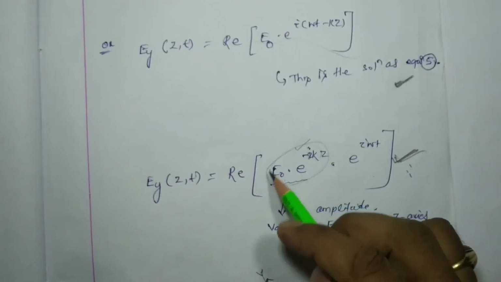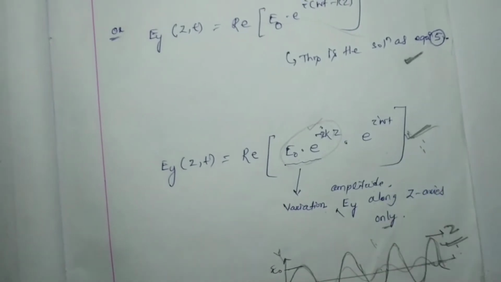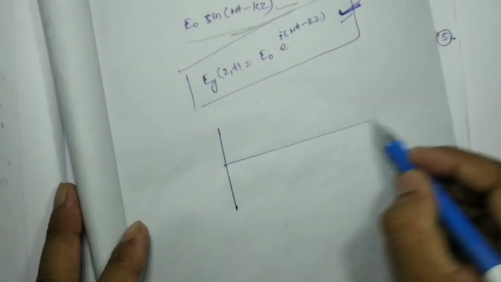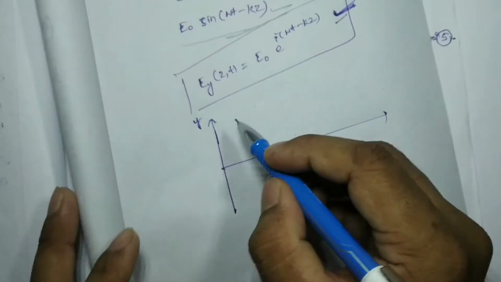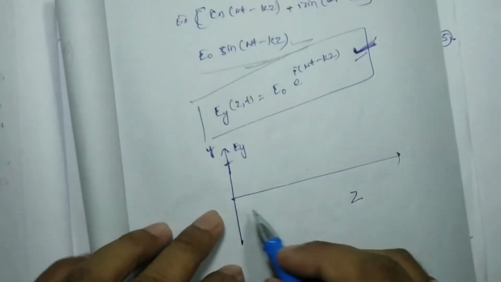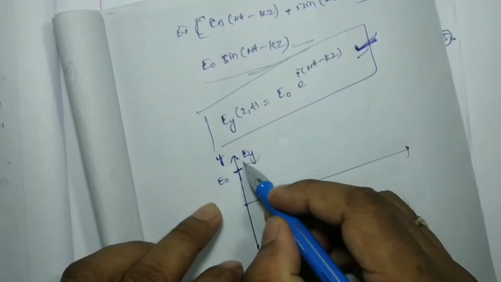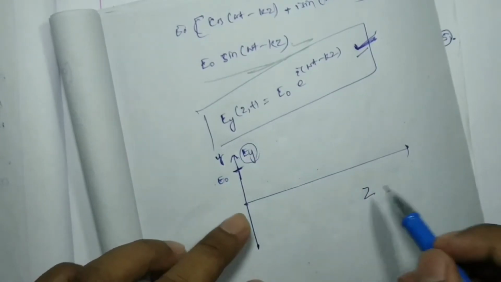It represents an oscillatory behavior whose magnitude will be E0. That means if we consider the z axis and the y axis, Ey is going to vary with respect to z, and this E0 is the maximum value of the electric field, or you can say the magnitude of the electric field with respect to z.